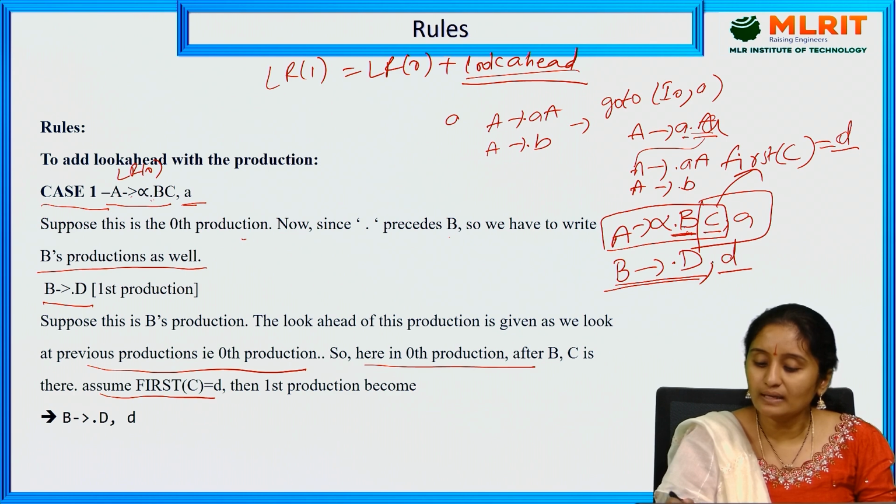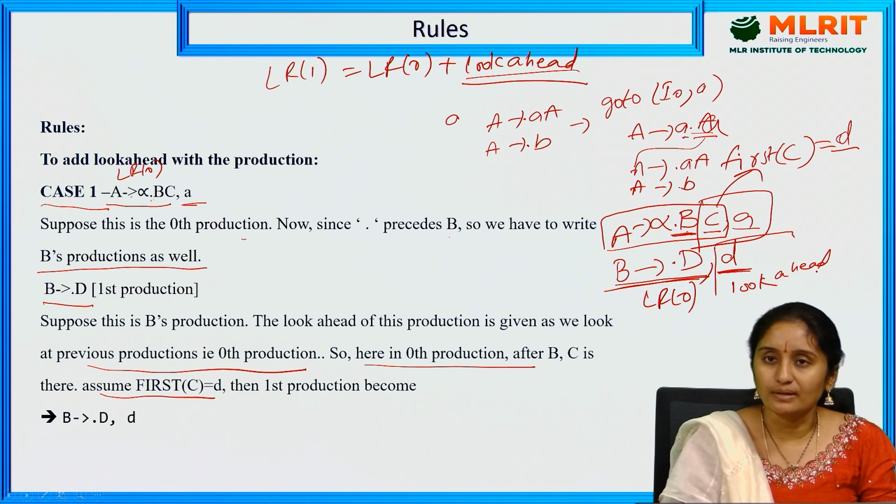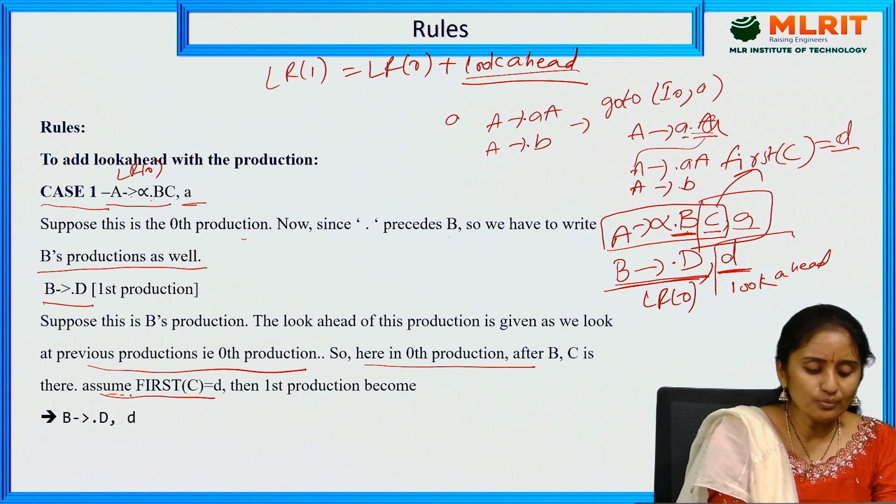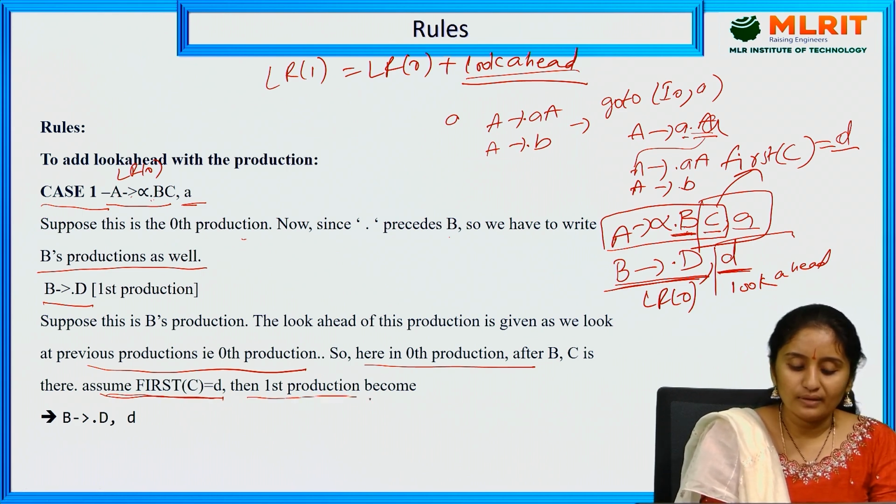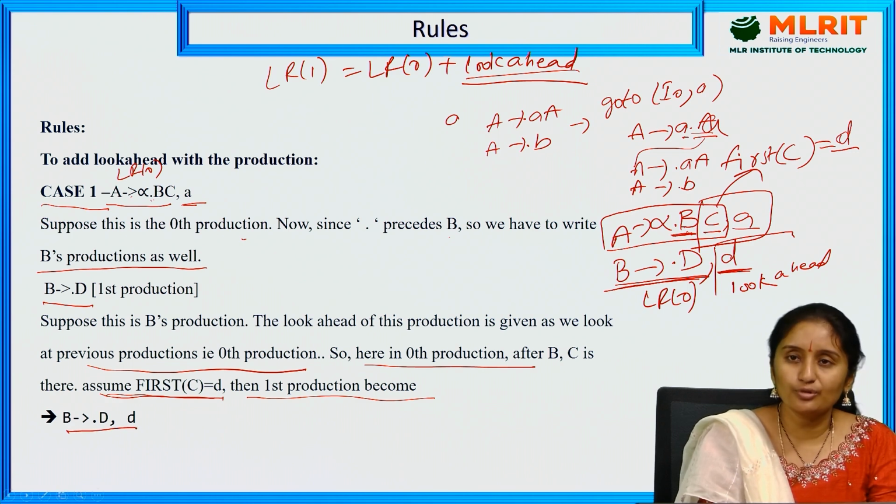Then directly B tends to dot D, comma d. Already I have a as my lookahead symbol. The next production is written just because of the first production. After writing that production, I need to write the lookahead symbol. So this is nothing but LR(0) and after the comma is nothing but the lookahead symbol. See here, assume that first of C is equal to d. Then the first production becomes B tends to dot D, comma d.